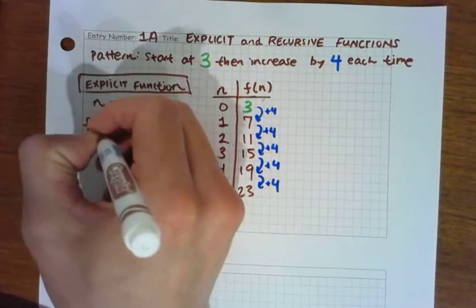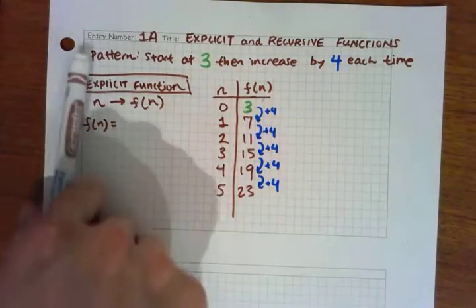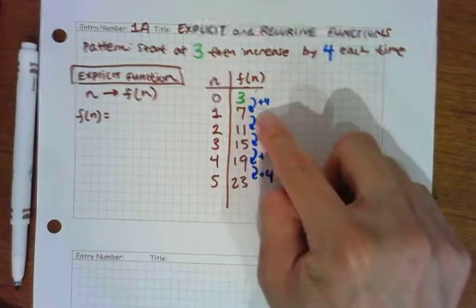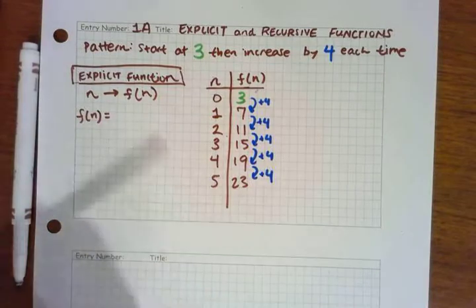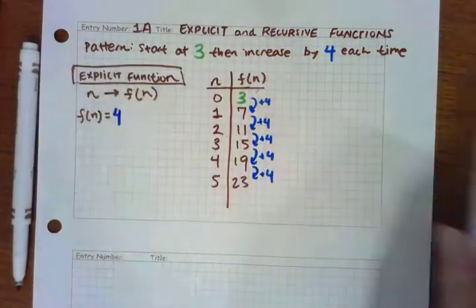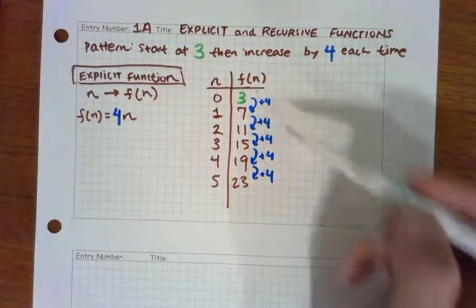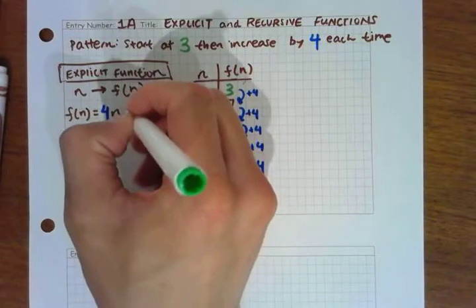So for our function, what we're doing is, depending on whatever n is, that's how many times we're increasing by 4, and then we started with 3. So we can write it as 4 times however many terms we're going up, and then adding the 3 that we started with.